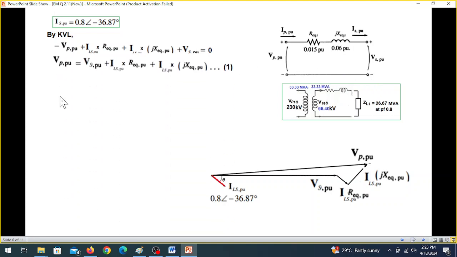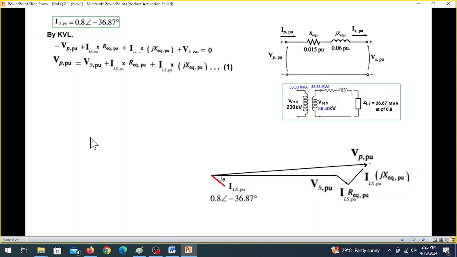And from here, we will find VPU. We just take it on the other side. So this is our equation number 1. So we have to solve this equation to find VPU. And also from here, we'll find this voltage. And from here, we'll find this voltage.